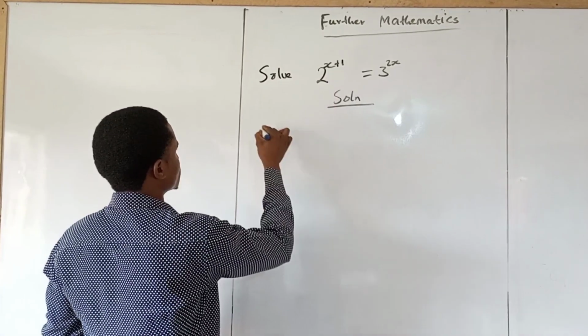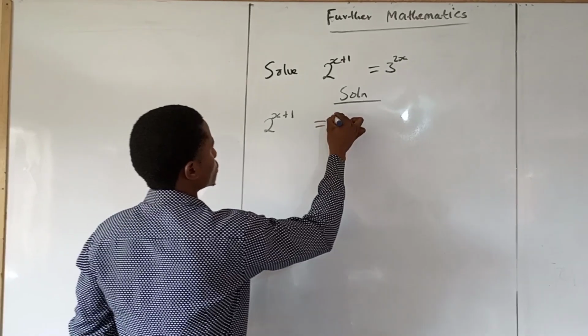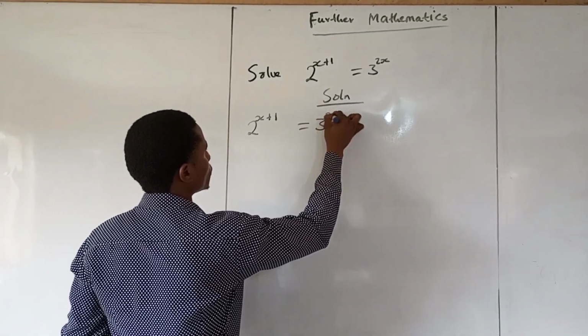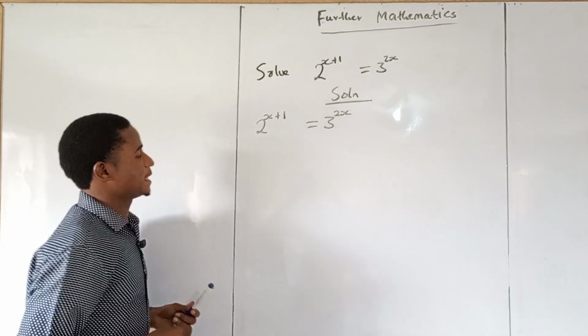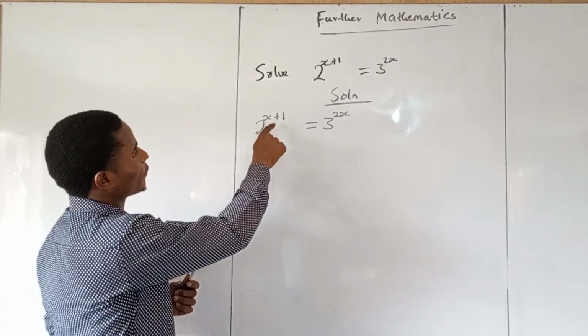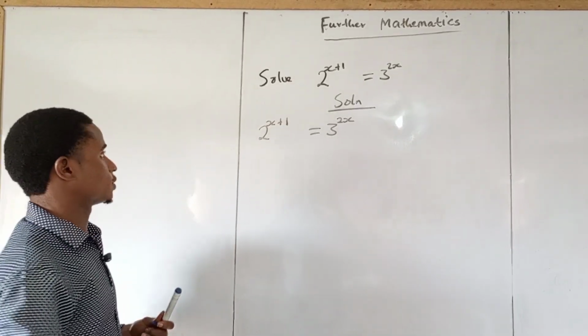Let's bring this down. We have 2^(x+1) is equal to 3 raised to the power of 2x. I'm going to apply the rules of indices. Remember, this is an exponential equation.